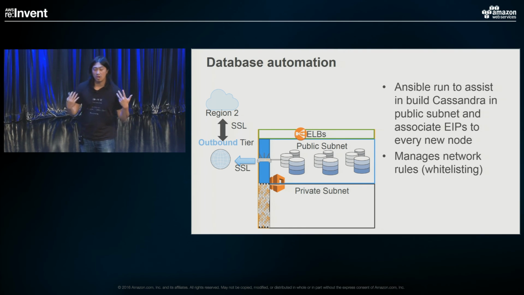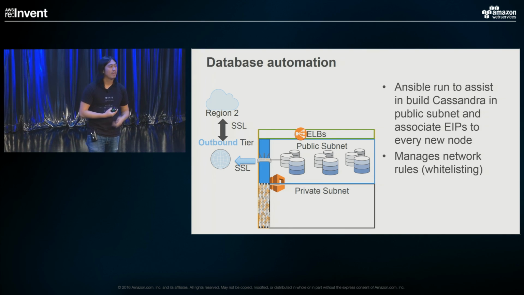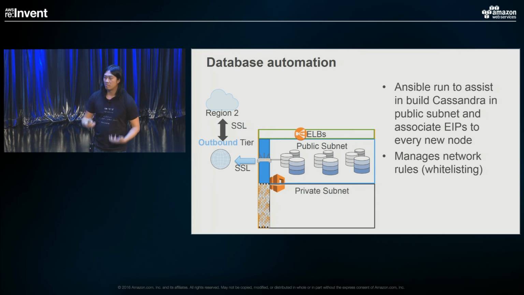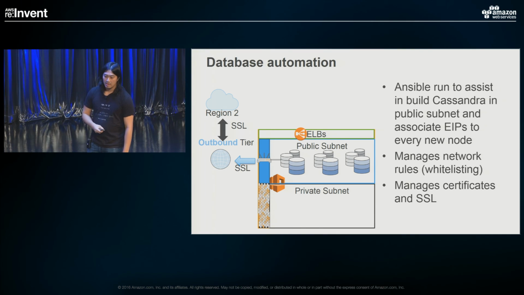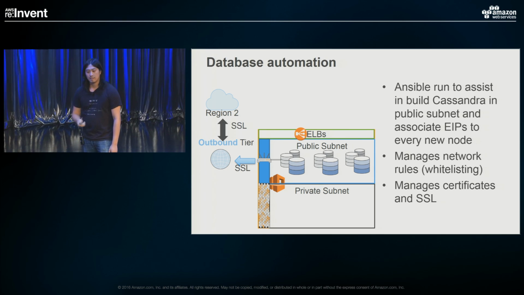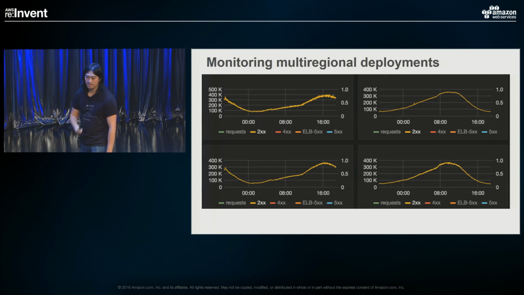You can imagine that now that we're talking over the internet, we have to make sure our nodes can only talk with each other, and with that we fulfilled that security constraint. It was also responsible for managing certificates and SSL, which was key in our Cassandra deployments and our Solr deployments.